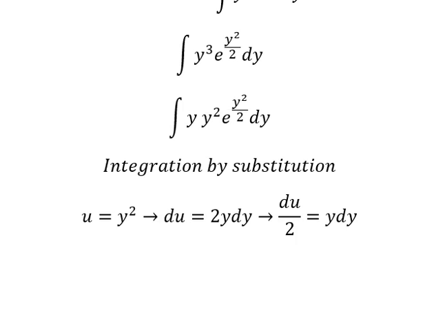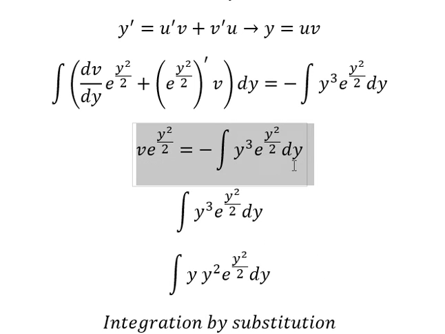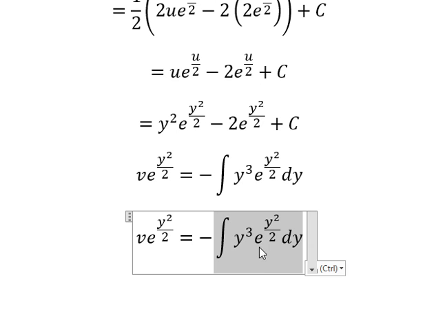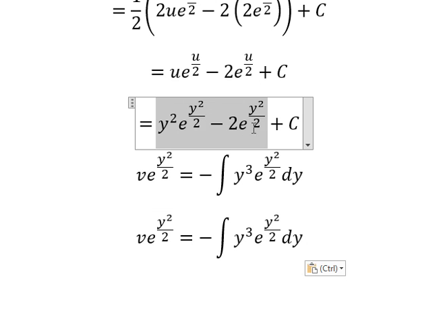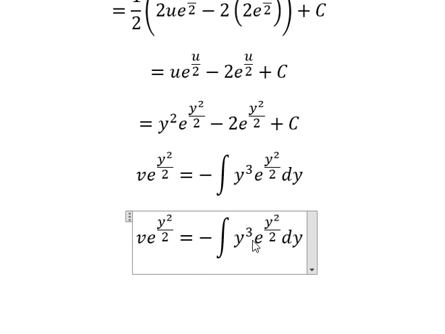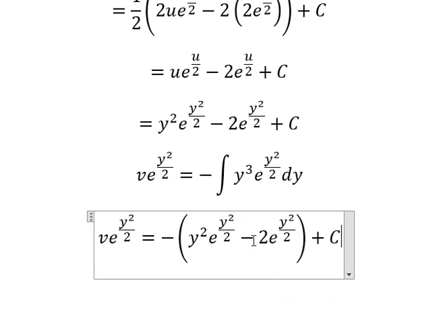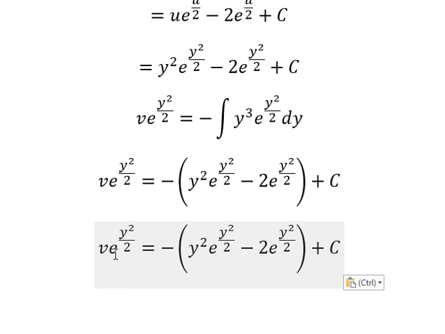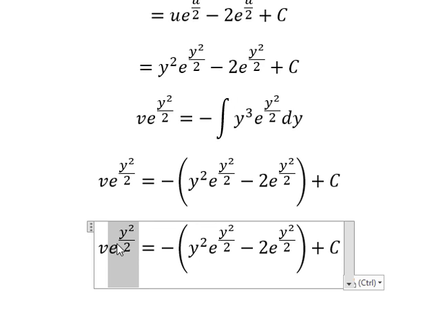Now we go back in here. The integration of this one, that is this one. Now we need to divide both sides by e to the power of y squared over 2.